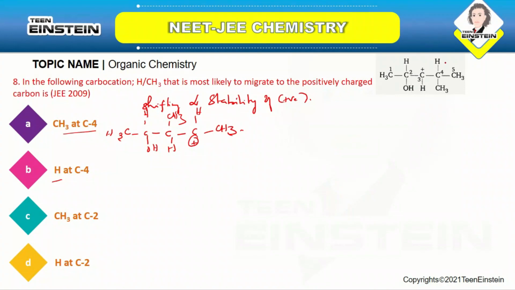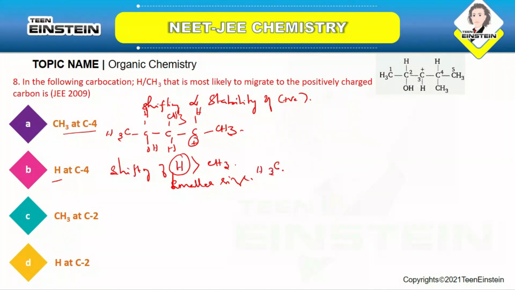Shifting of hydrogen is greater than the methyl group, because the hydrogen atom is smaller in size. So compared to the methyl group, shifting of hydrogen is easy and takes place easily.